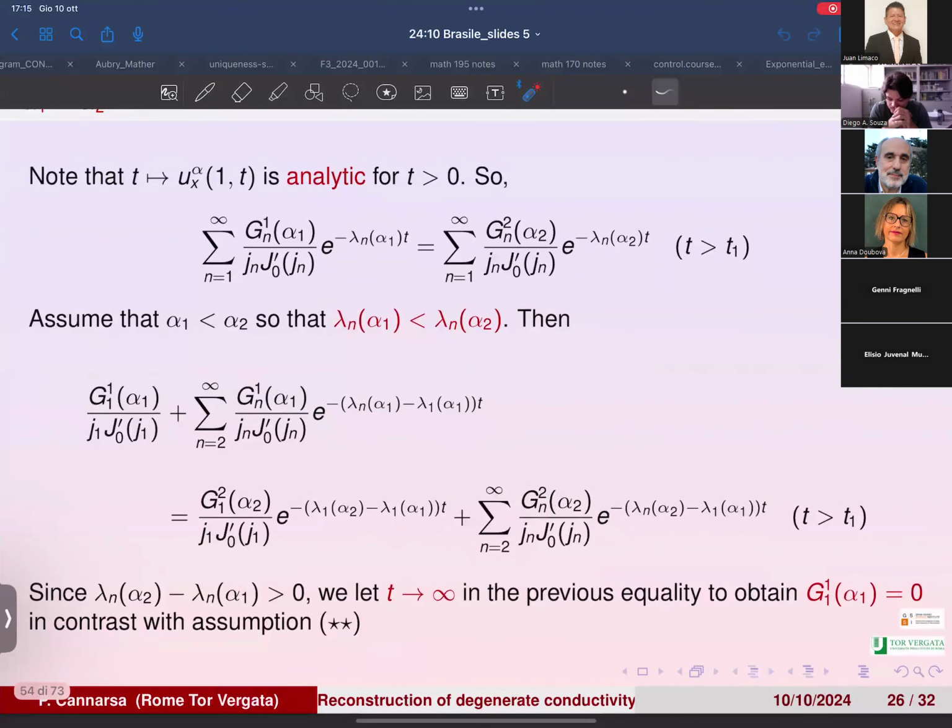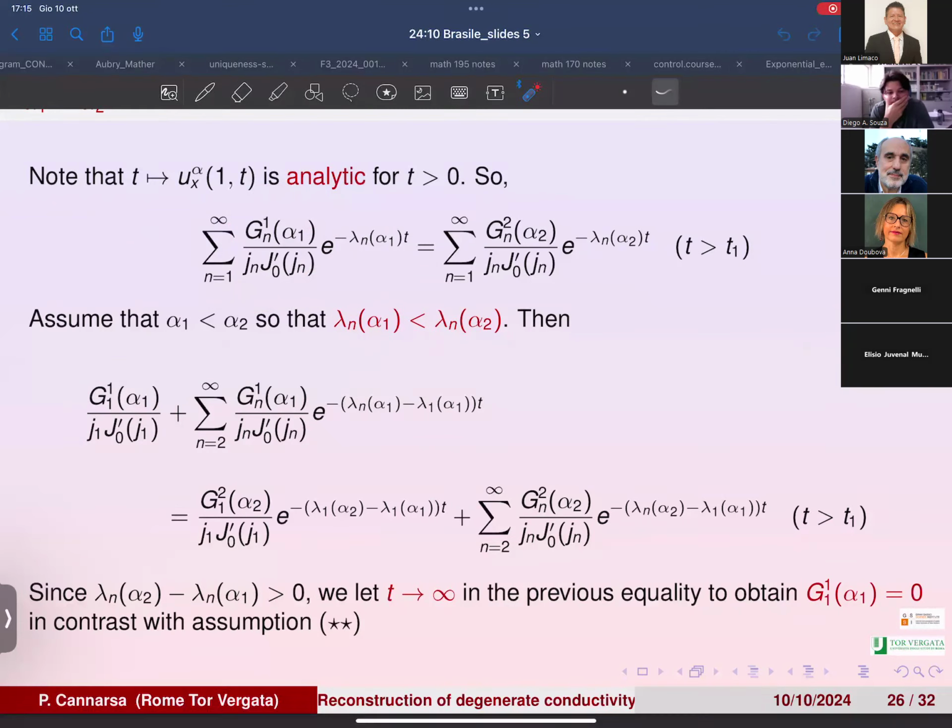Then we multiply by e to the lambda 1 alpha 1 t, so we divide by this factor. So the first coefficient here is singled out, then you have all the other terms where you have the difference, and the right-hand side where you have the difference. This is the first term, and these are all the other terms.